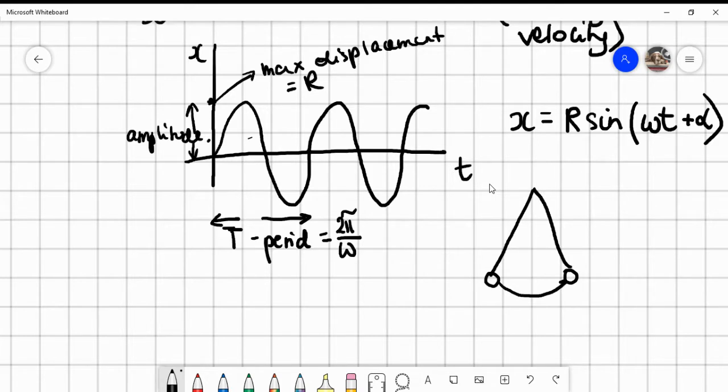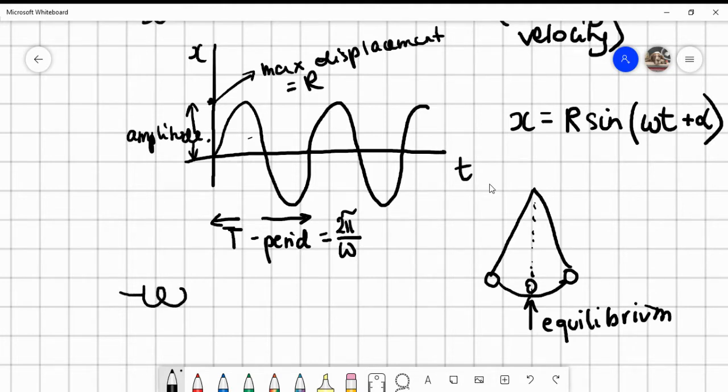If it were not let go from this position, it would hang freely with gravity pulling on it downwards, and that would be its equilibrium position.